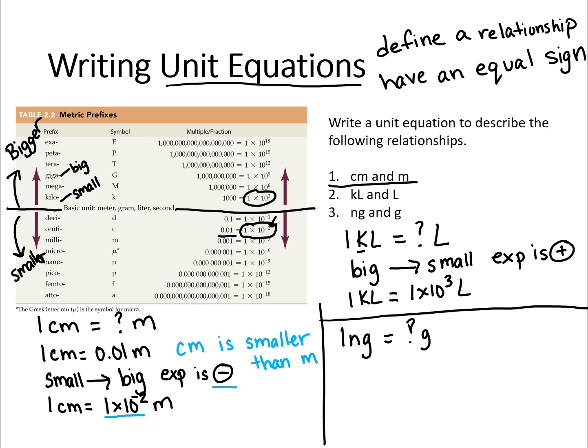So we have 1 nanogram. We're trying to figure out how many grams we have. Nanograms are down here. Grams, we're talking about the basic unit. So nanograms is smaller.